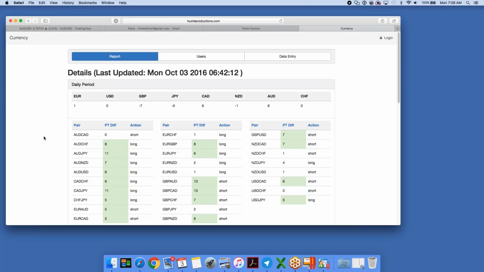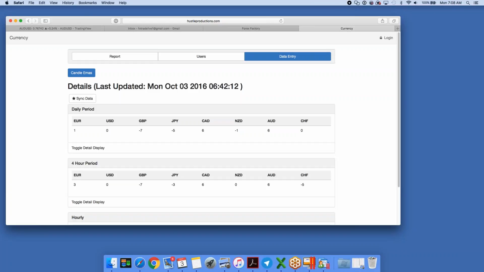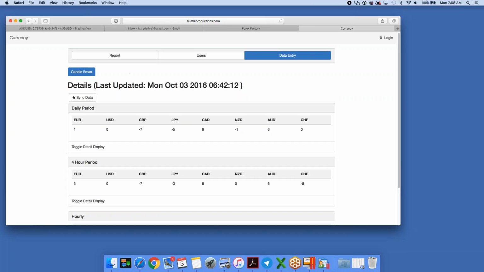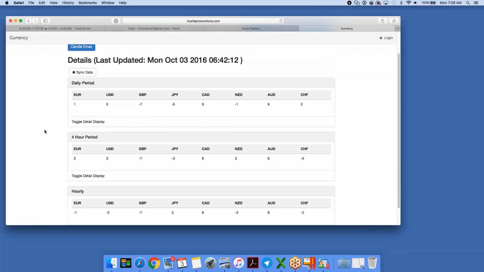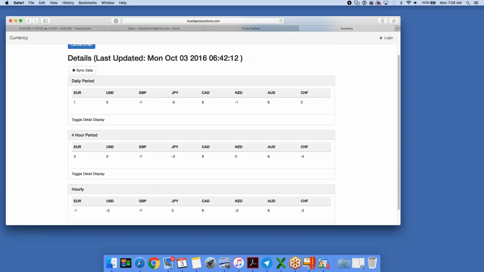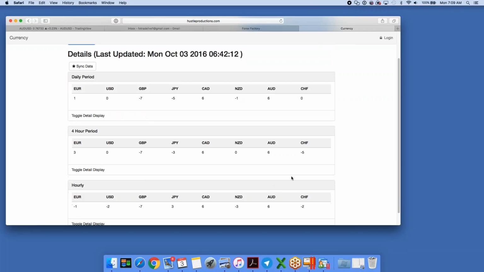And then the currency algorithm was just refreshed about 20 minutes ago. It looks like the pound is by far the weakest, with -7s down the board. And the Australian dollar, along with the CAD, is the strongest.